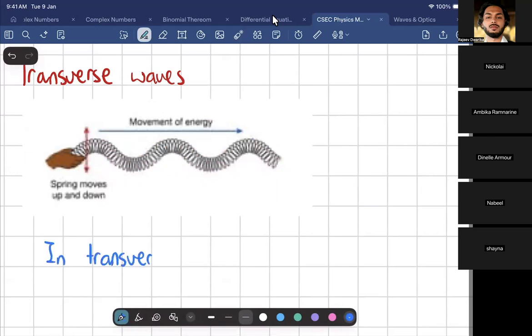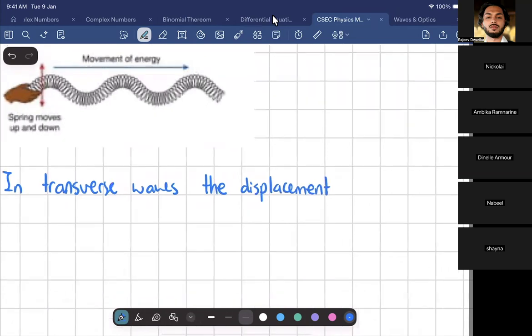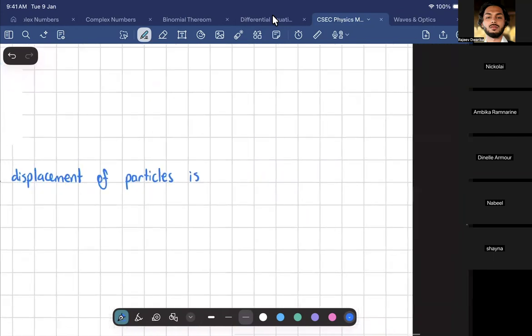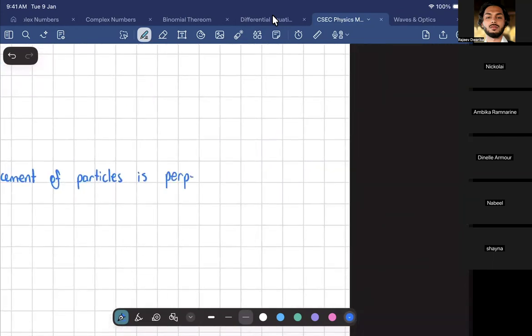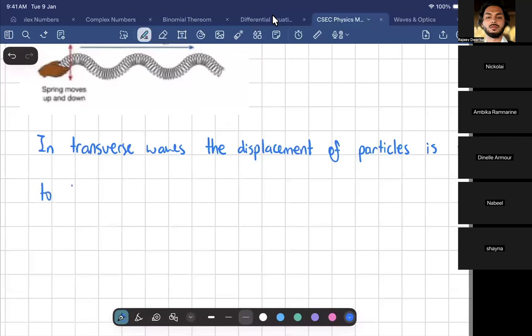So in transverse waves, the displacement of particles is perpendicular to the propagation of the wave.